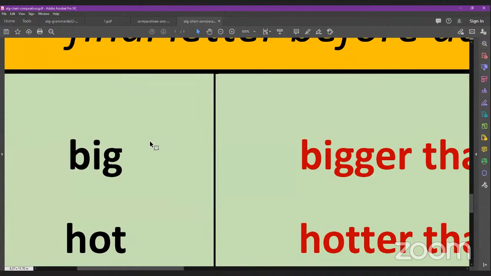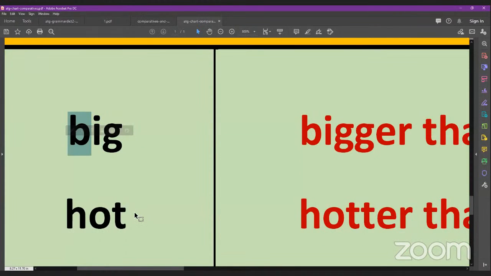This adjective has a characteristic. You see? G, I, V. In other words, consonant, vowel, consonant. In the same way, the other one: consonant, vowel, consonant.